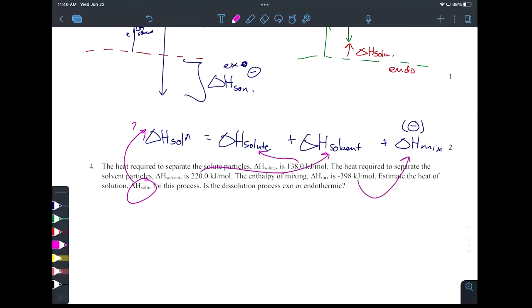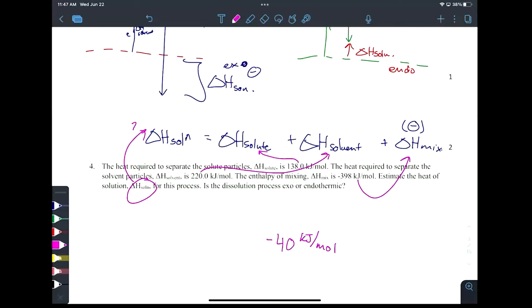And delta H of mixing is a negative number. Plug it in, and the answer is negative 40. All right, so would this beaker get hot or cold? Hot, yes. Very good. What is stronger, the bonds in the pure solute and solvent, or the attractions in the solution?